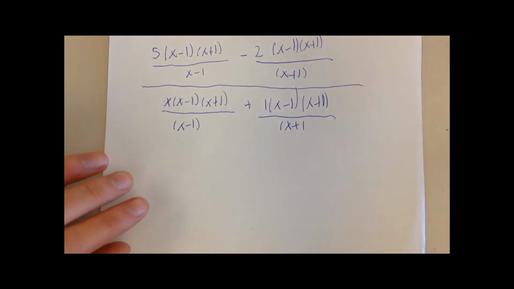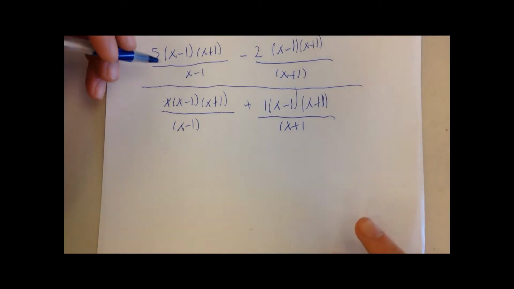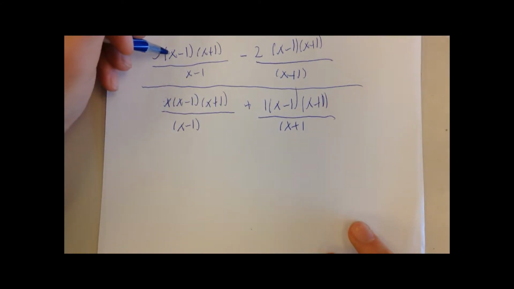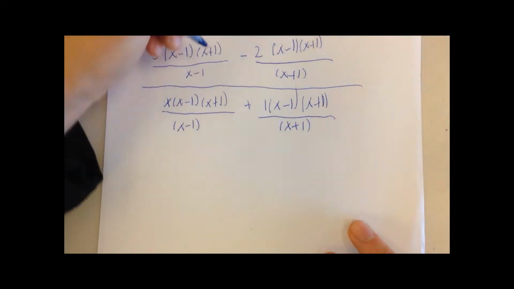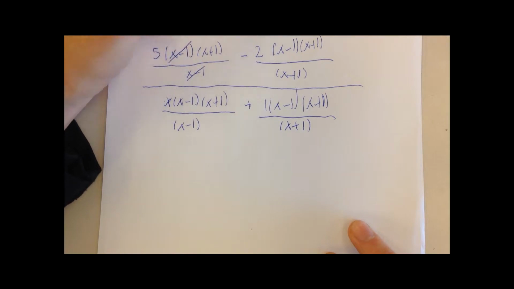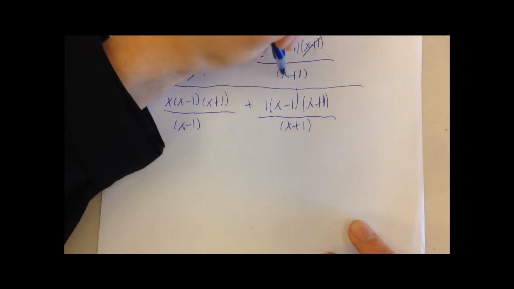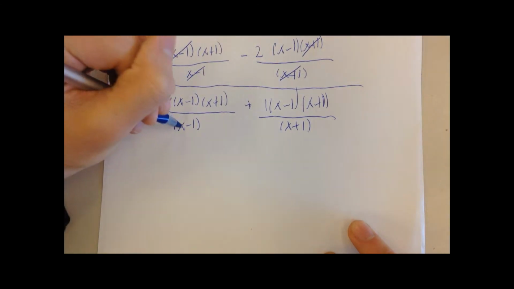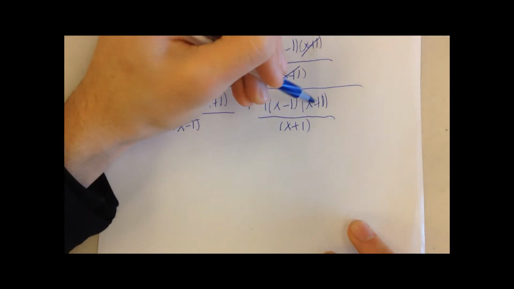So now we can cancel some terms in this fraction. Starting with the top term, we can cancel the x minus 1s. Here we can cancel the x plus 1s. Here we can cancel the x minus 1s once again. And here we can cancel the x plus 1s.